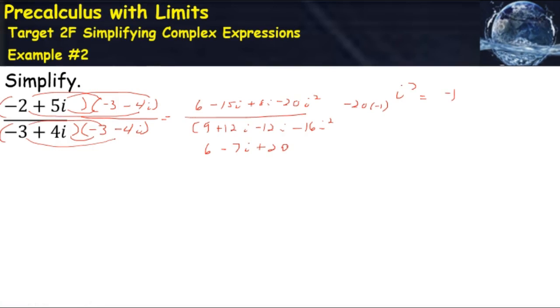And then in the denominator, I have 9, these cancel, and remember I have -16 times -1, which is positive 16. So combining like terms, it looks like I get 26 minus 7i on the top, and on the bottom I get 9 plus 16, which is 25.